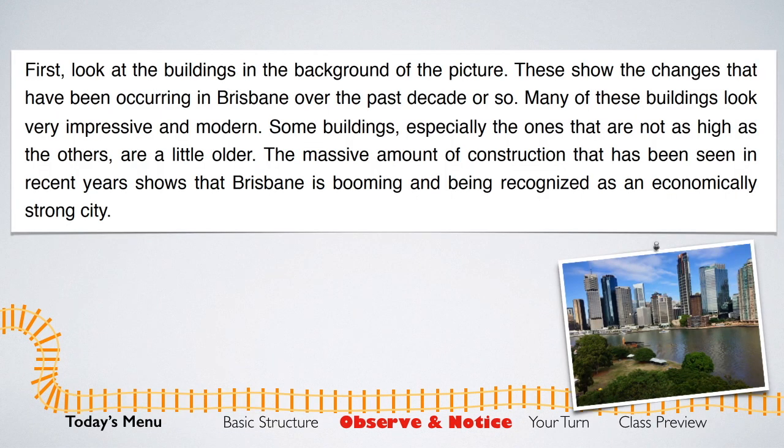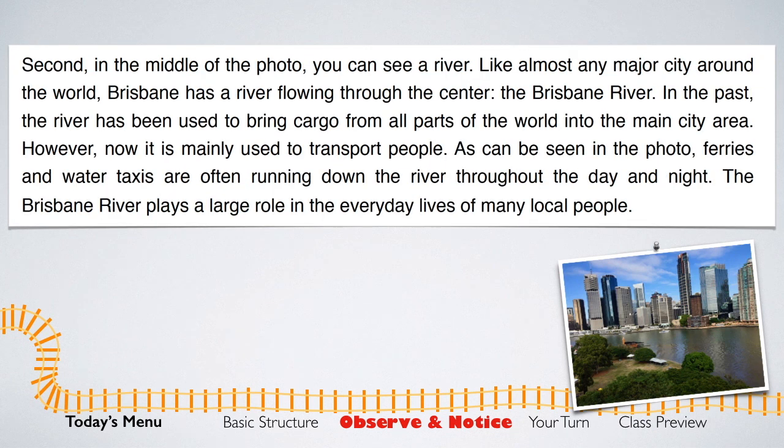The first topic sentence makes it clear as a bell that in this paragraph, the buildings in the background are going to be the focus of attention. After that, there are a couple of examples and details about those buildings. Nice start to the body. Next, the topic has changed to the middle of the photo, and the river that can be seen there.